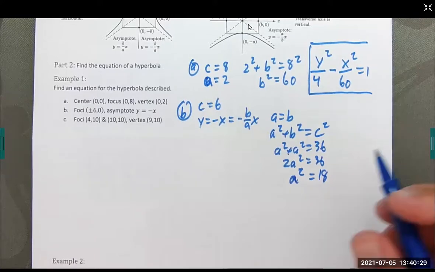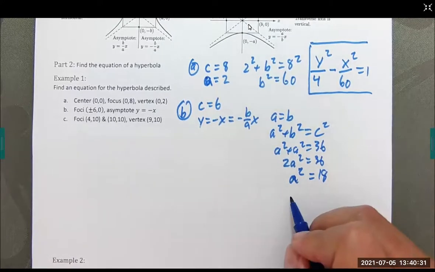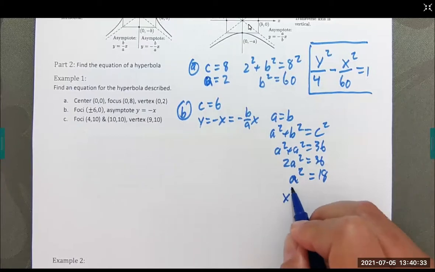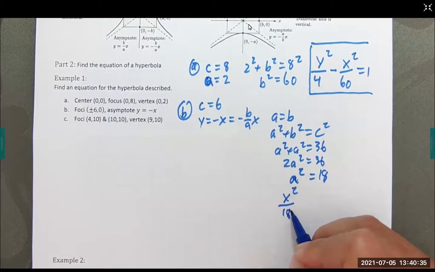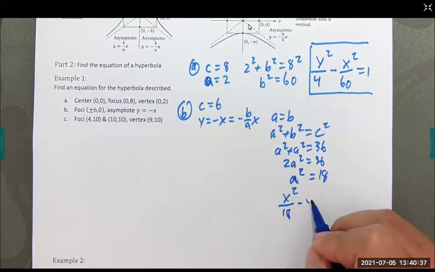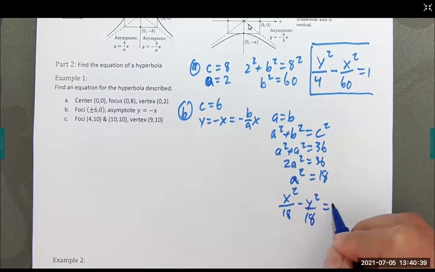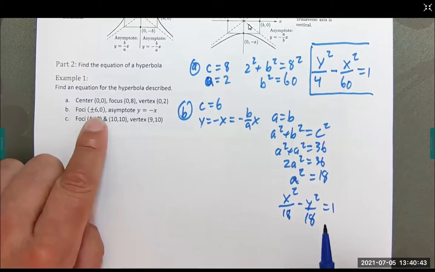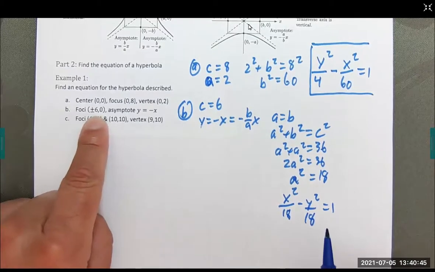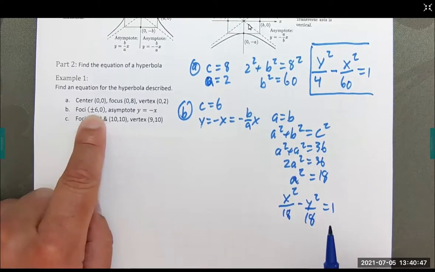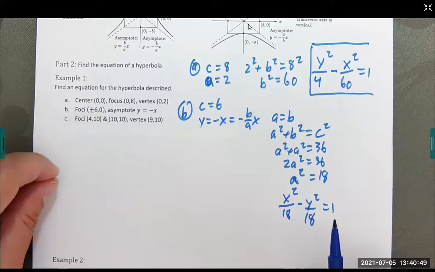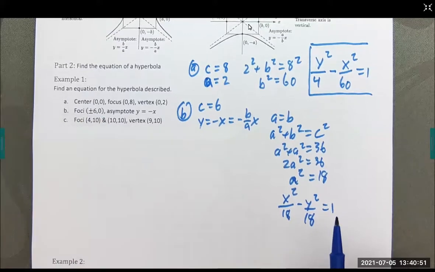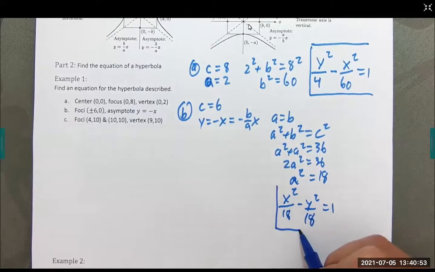So here we end up with our equation, x squared over 18 minus y squared over 18 equals 1. By the way, we know that it's a horizontal transverse axis because our foci are on the x-axis, negative 6, positive 6. So that's why the x part goes first here.